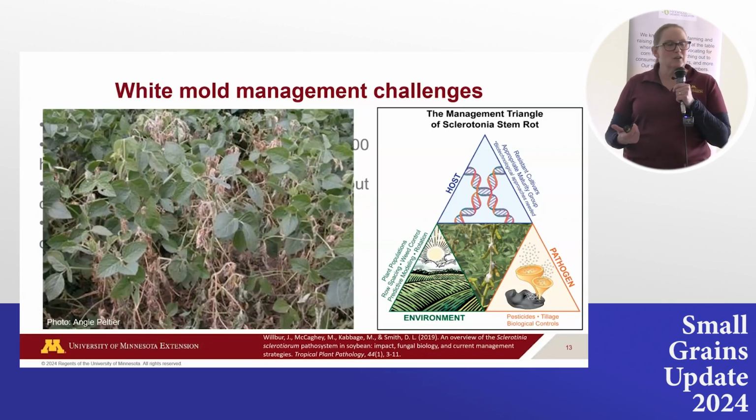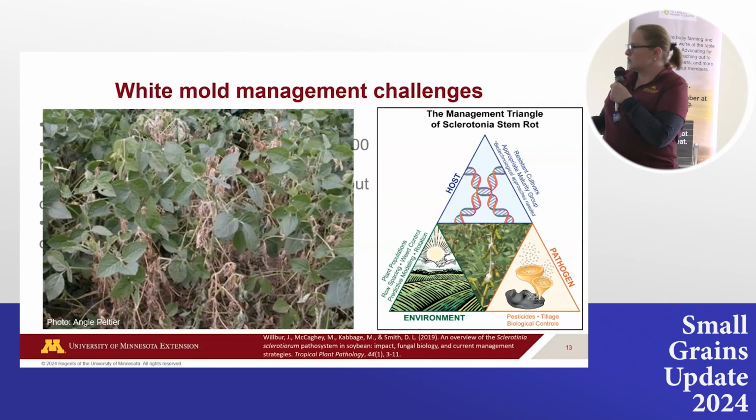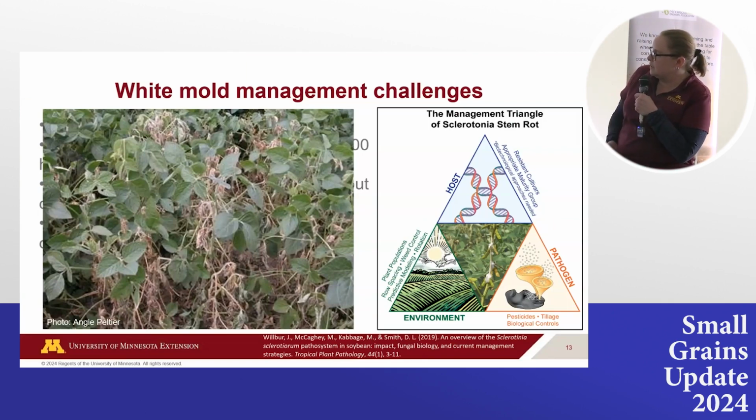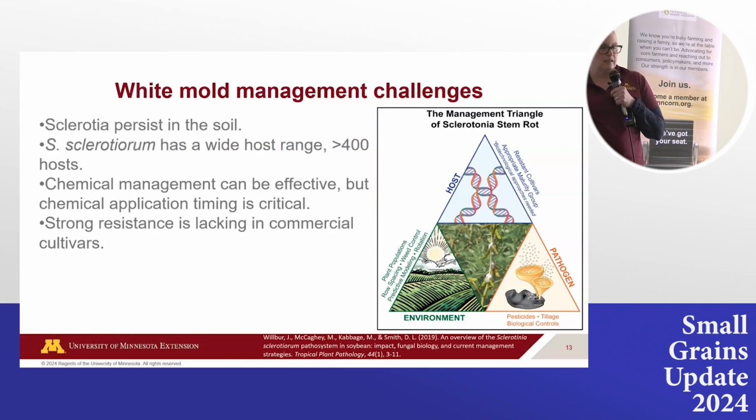Unfortunately, those of us in the Northwest are no stranger to white mold. This is sort of what it looks like in the field. And the reason why we're no strangers is because a lot of our plants, our broadleaf crops up in the Northwest, are susceptible to the pathogen.